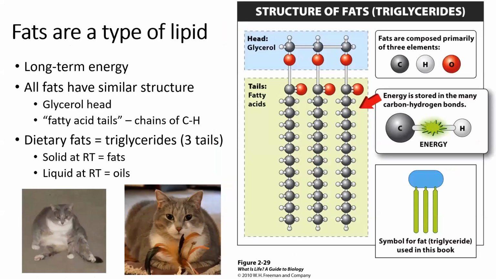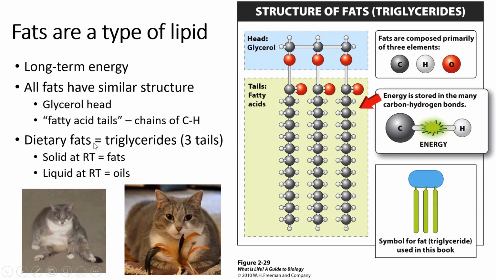All right, fats are a type of lipid, so long-term energy. All fats have similar structure. They have a glycerol head, so that means that it is polar, but then they have the fatty acid tails, which are chains of carbon hydrogen, which make them non-polar.